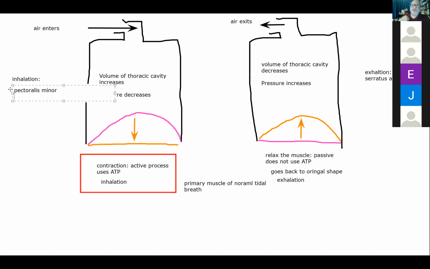Neck muscles that also could bring the ribs up. Scalenes. Excellent. And then the alphabet soup one, which one was that? Sternocleidomastoid. Excellent. There are a couple more we'll add to this list, but this is a good starting point.